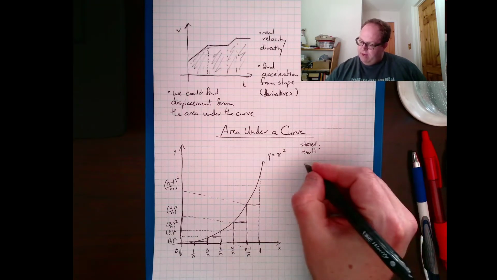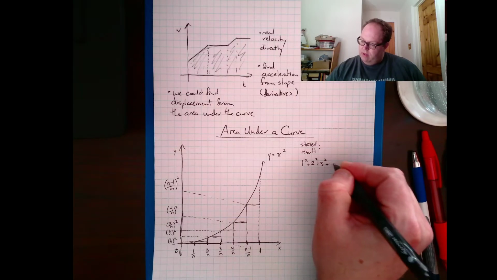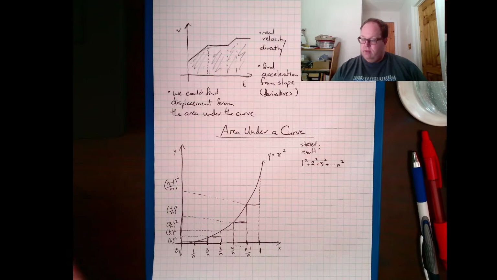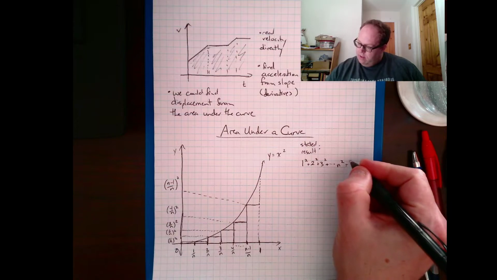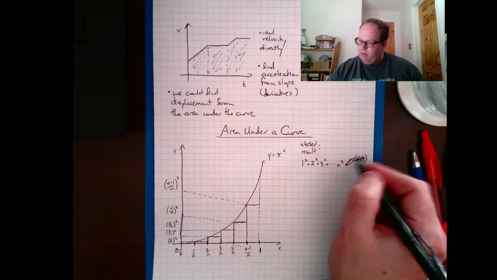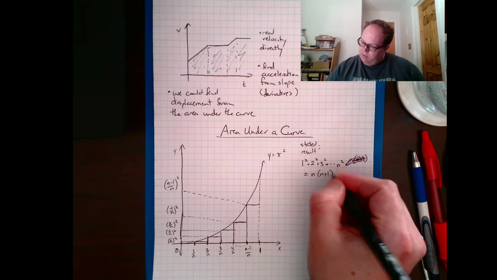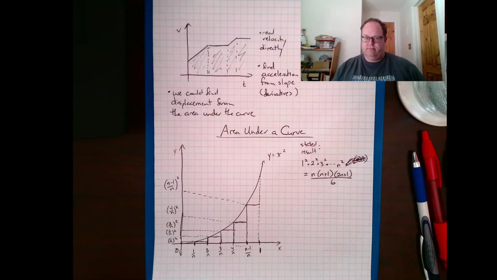But if I take 1 squared plus 2 squared plus 3 squared and so on up to n squared, that is a series of squares. It works out quite nicely into a simple form, and I've run out of space. I really do miss my smartboard sometimes. This works out to n times n plus 1 times 2n plus 1 all over 6. Okay, that's the thing we're going to need in a minute.